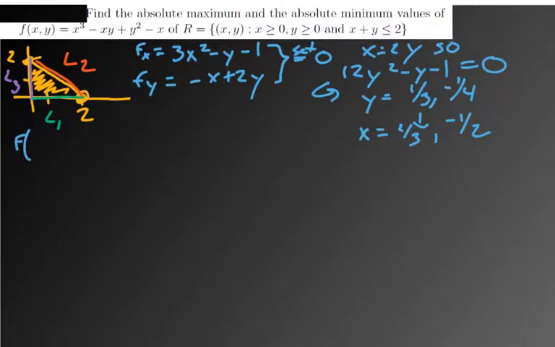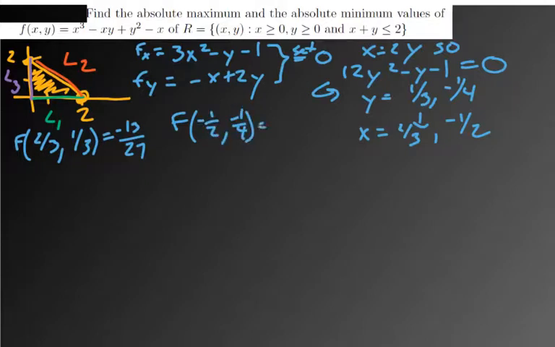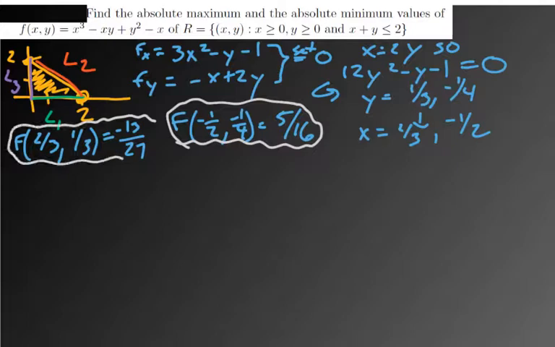If you do f of 2/3, 1/3, you get negative 13/27. And if you do f of negative 1/2, negative 1/4, you will get 5/16. Okay. So right now we have 2 contenders for the absolute max and min.